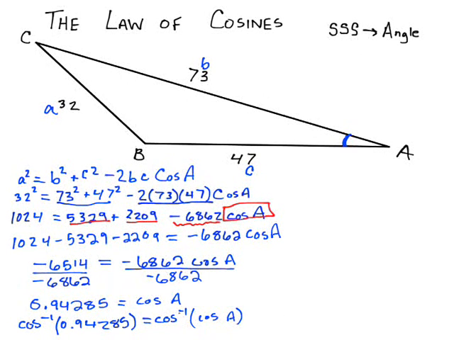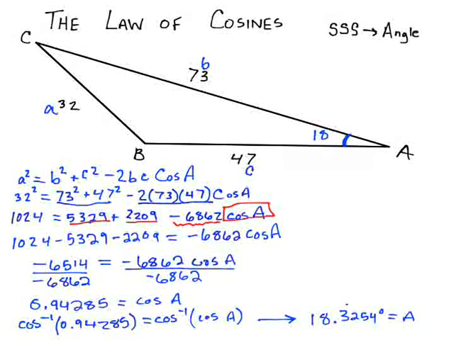They're inverses. And so when we do this, we will get for our angle A that A is equal to 18.3254-ish degrees. So that's about 18 degrees. I think it's fair to round it off to that.